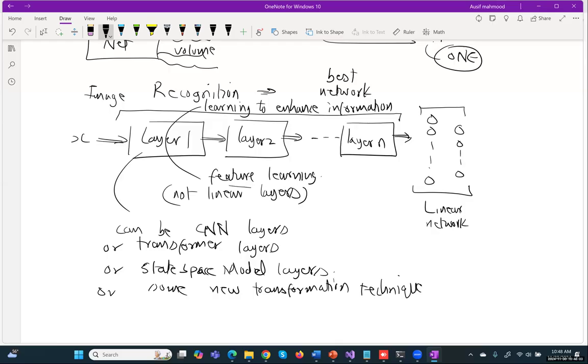So that's why we call it feature learning. It is adjusting the representation of the data so that distinction between categories becomes easy to categorize, right?